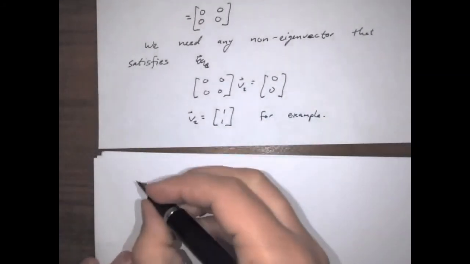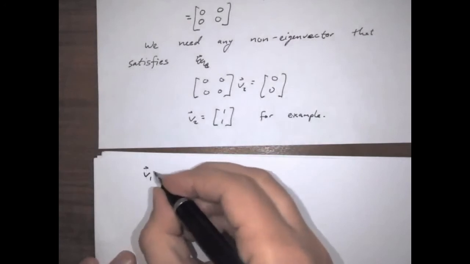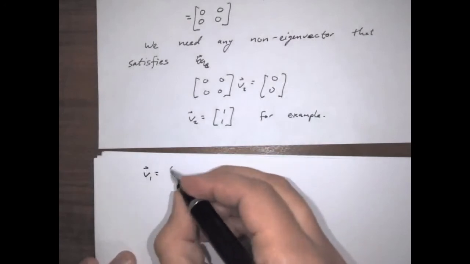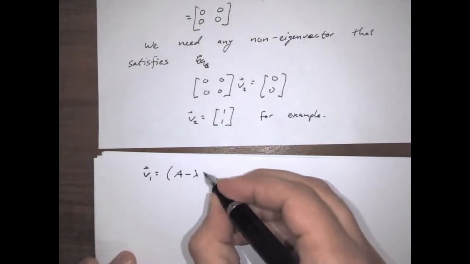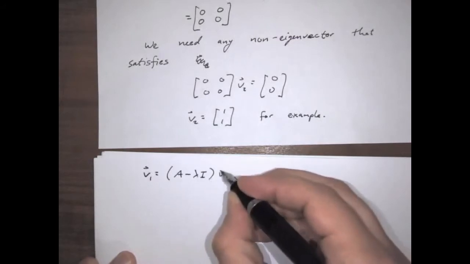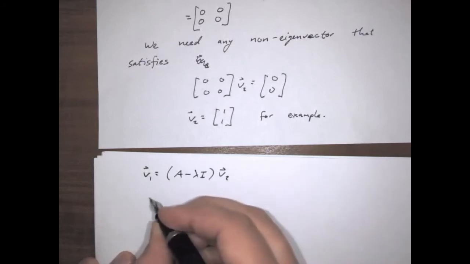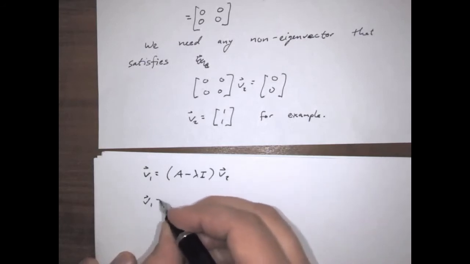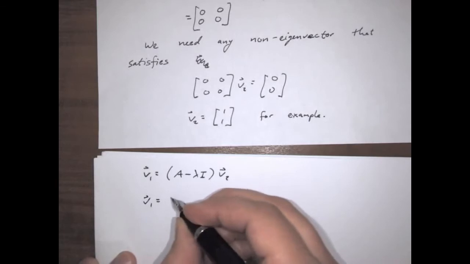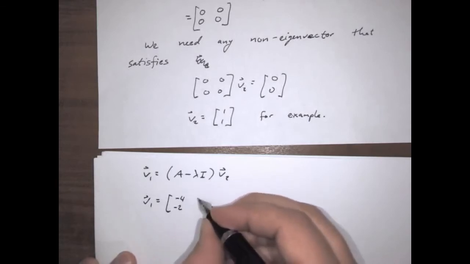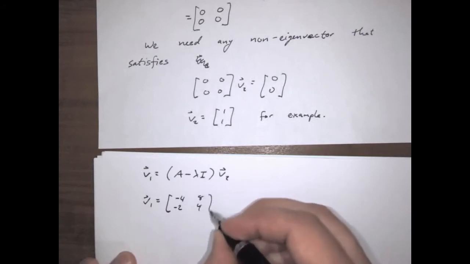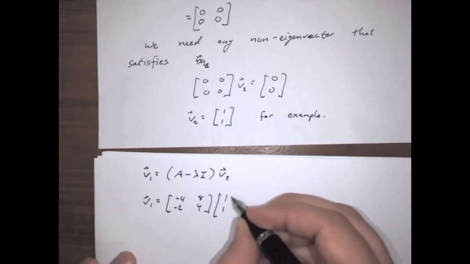So v1 is A minus lambda I times v2, which in this case is negative 4, negative 2, 8, 4 times 1, 1.